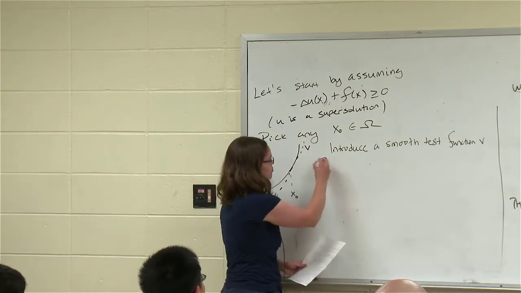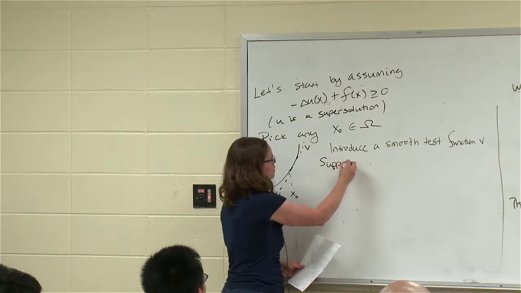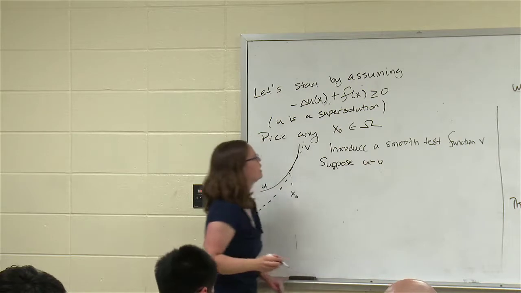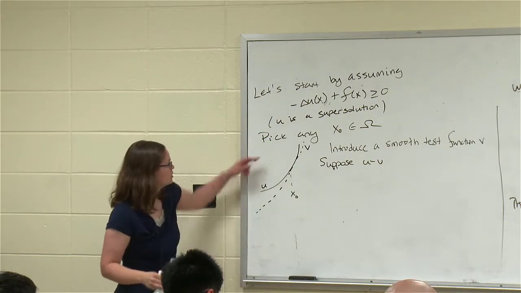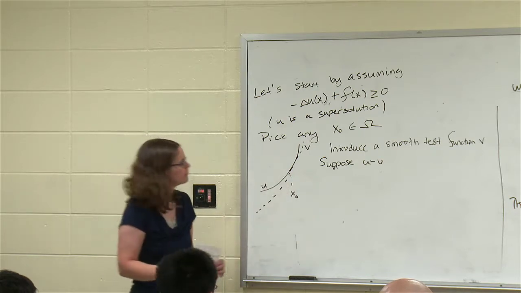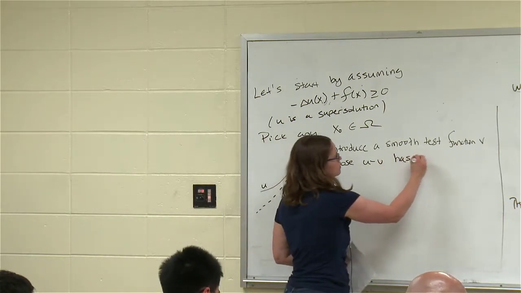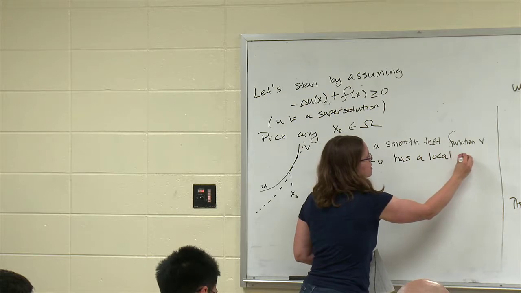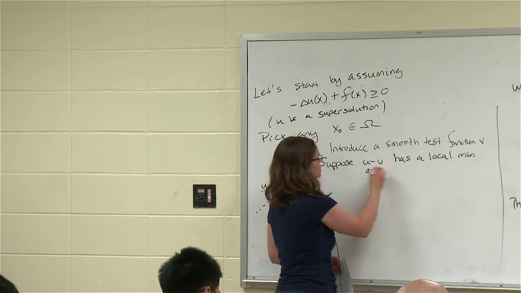Let's suppose u minus v has a local, let's see, u is bigger than v, and it's 0 here, so it has a local min at x naught.